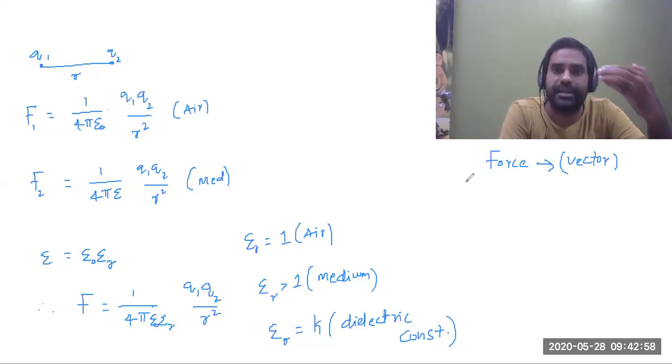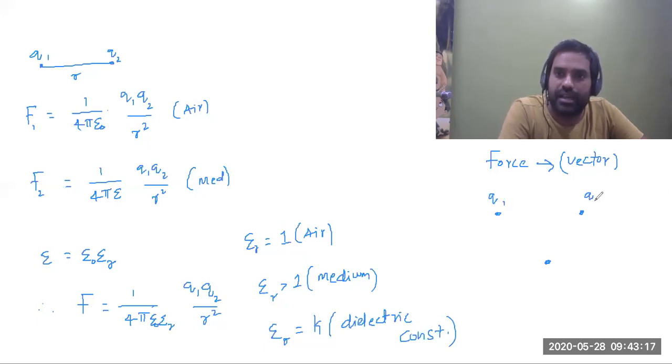For multiple charges, we will make use of the superposition principle. For multiple charges, meaning more than one charge is present, like this, three charges are there. Here this is Q1, here Q2, and here Q3.